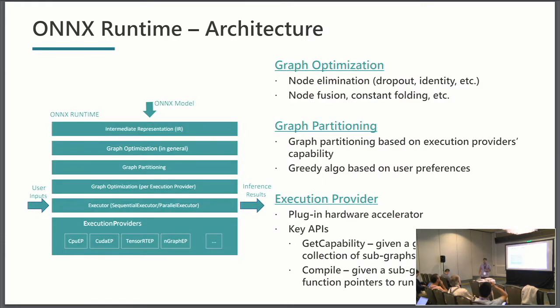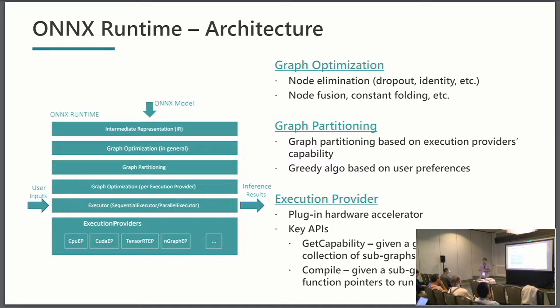Here is a brief view of the architecture of ONNX Runtime. ONNX Runtime is composed of three key components: graph optimization, graph partitioning, and execution provider. During the initialization stage, the ONNX model will be loaded to ONNX Runtime, and then we will have an in-memory representation for the model. Based on this IR representation, we will apply the graph optimization.